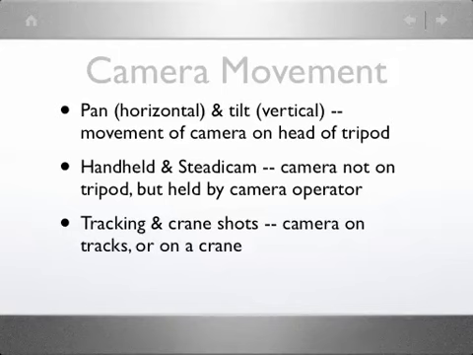Another category of camera movements is ones in which the camera and the tripod are mounted on yet another piece of equipment to create tracking or crane shots. A tracking shot is one in which the camera apparatus is literally mounted on what are like railroad tracks.